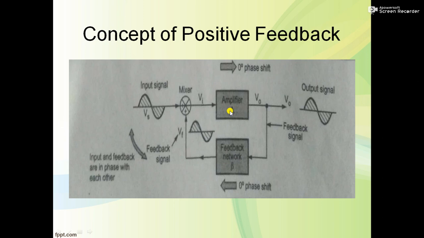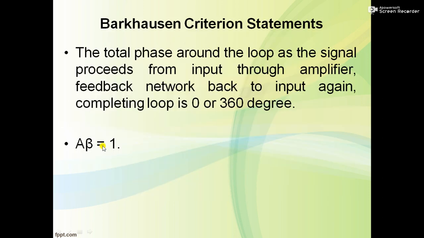When the product of voltage gain and feedback factor is unity, equal to 1, then only it is possible to generate the oscillations with a constant and desired frequency. So these two statements are very important in the case of the oscillator.